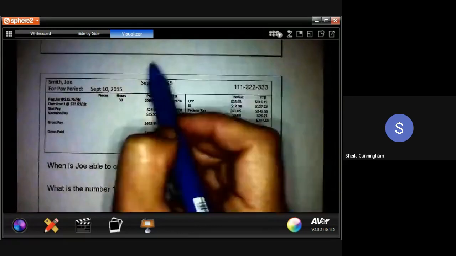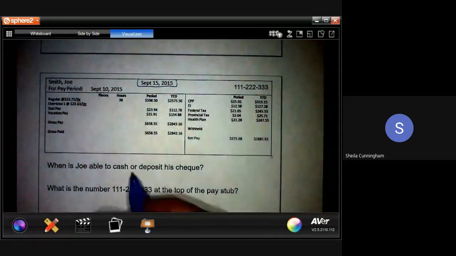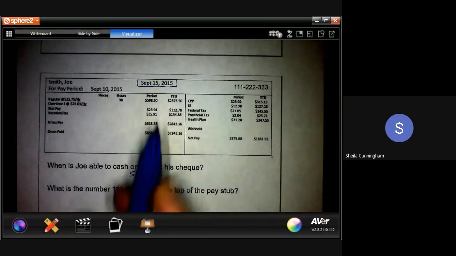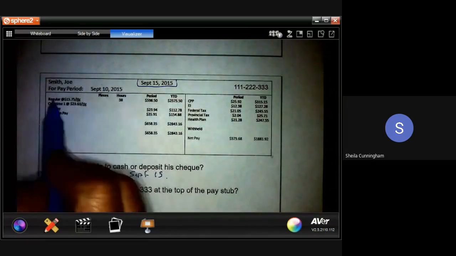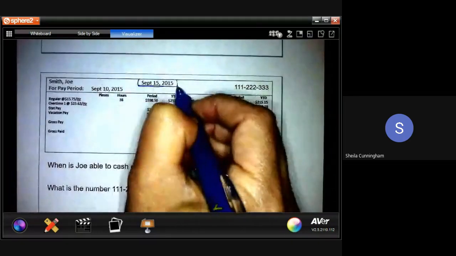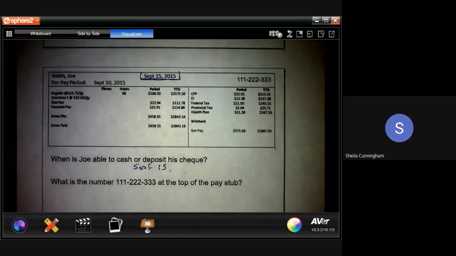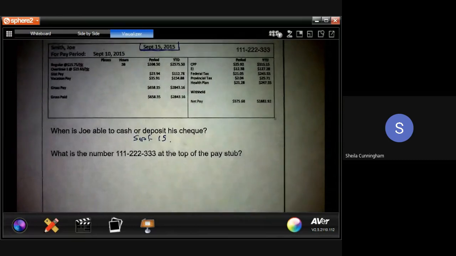When he can cash it or when it will get deposited into his account will be September 15th. So it doesn't have to do with when the calculations are made. It's when it actually went in. Sometimes it will actually say deposited, because sometimes you're able to set up where you're not necessarily going to get a check from your employer. They might just do a direct deposit right into your bank account. That is also an option.